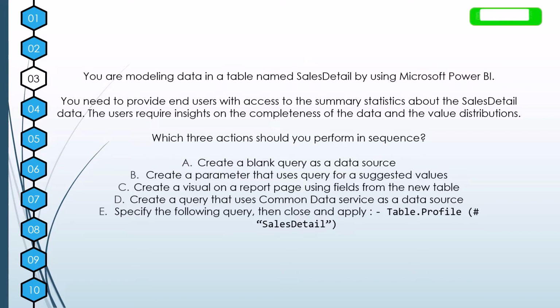B. Create a parameter that uses query for suggested values. C. Create a visual on a report page using fields from the new table. D. Create a query that uses Common Data Service as a data source. E. Specify the following query, then close and apply: Table.Profile(#"Sales Detail"). The sequence of the actions is A, then E, then D.